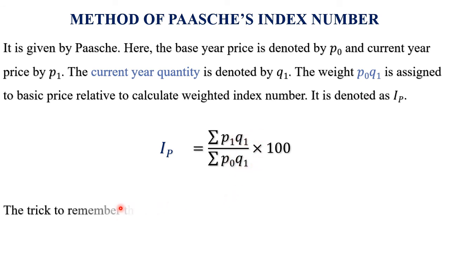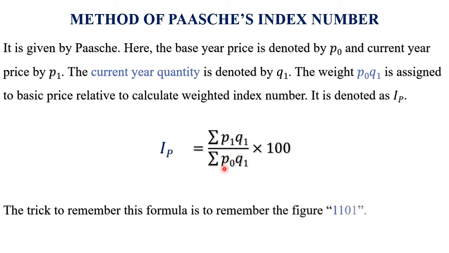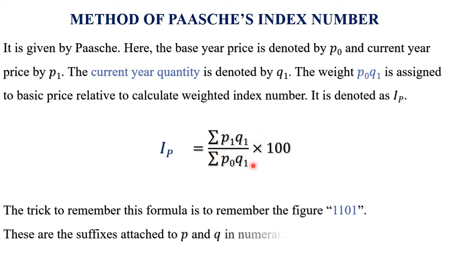So the trick to remembering this is that we need to remember the figure of 1101. These are the suffixes attached to the formula in the numerator and the denominator. So if I want to calculate Laspeyres, it is 1000. If it is Paasche, it is 1101.